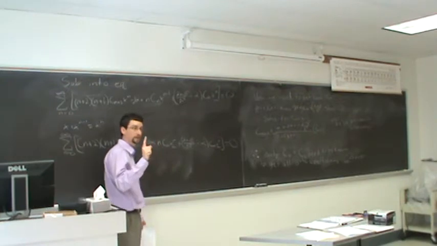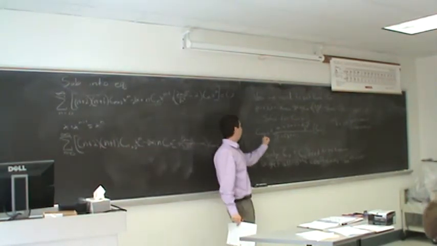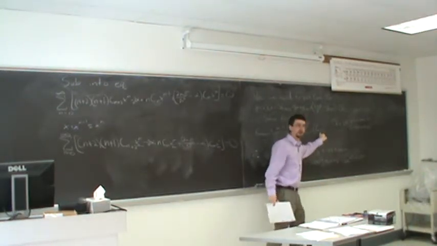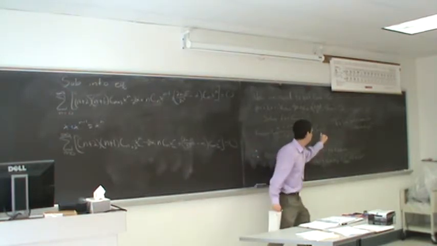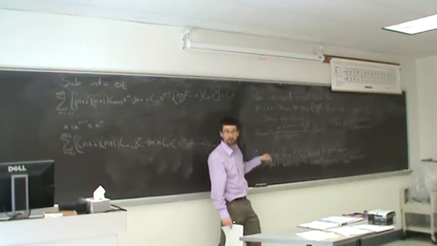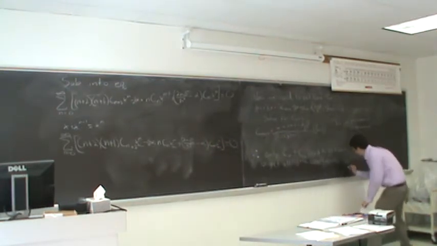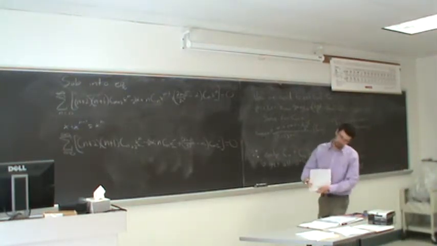So every time we have an even coefficient here, we're going to get an even coefficient for n plus 2, right? Every time we have an odd coefficient here, we're always going to get an odd coefficient. So we have an odd-even thing. C sub 0 for even, C sub 1 for odd, which ends up being helpful.